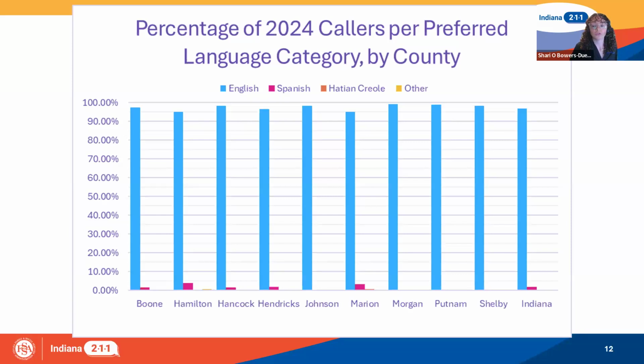So we are able to assist those individuals as well. Additionally, on our website at in211.org, there is a Google Translate option at the top that allows individuals to translate the entire website to the language of their choice and search for resources on our website in that chosen language.